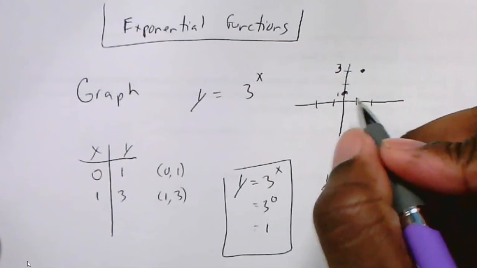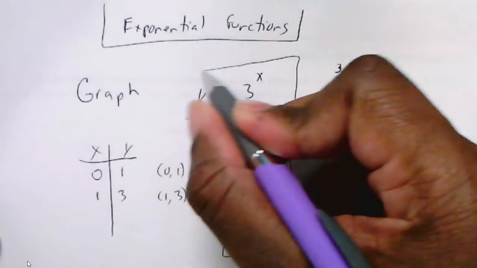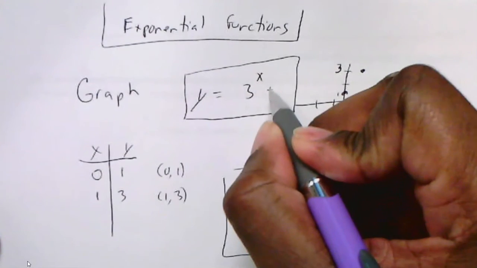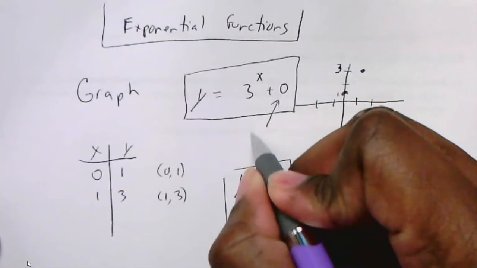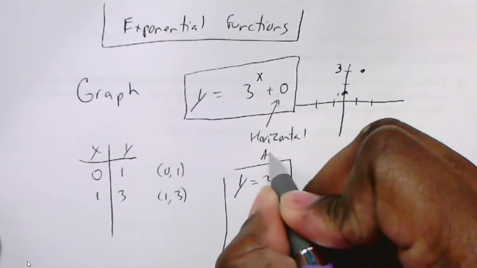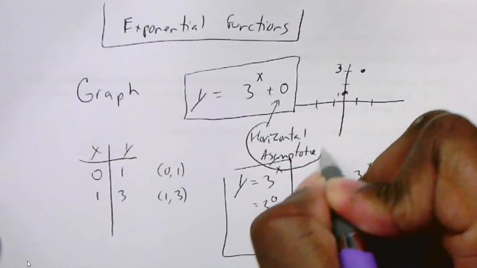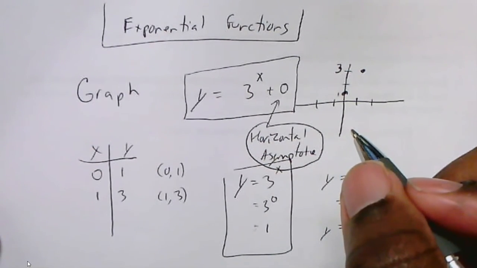Now in order to graph it, keep in mind that in this function you don't have a number being added to it. So that number is plus 0. The number being added here is my horizontal asymptote. A horizontal asymptote is a line this graph would approach forever but never actually cross.